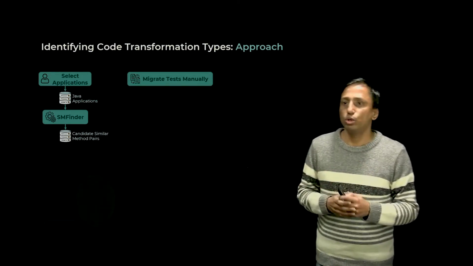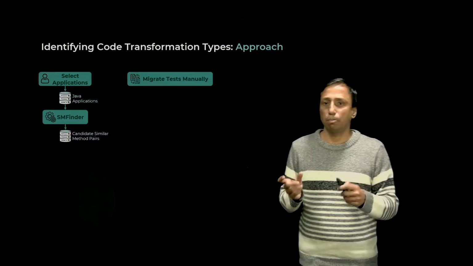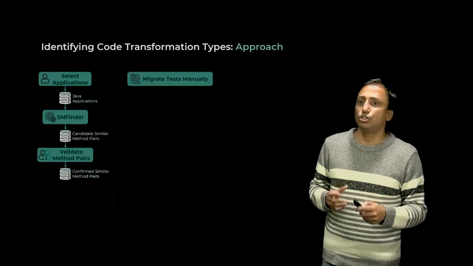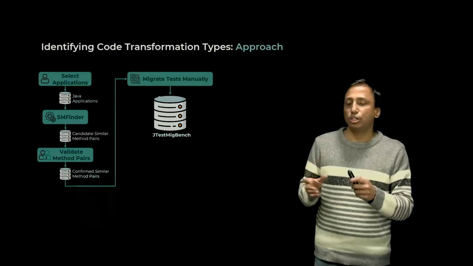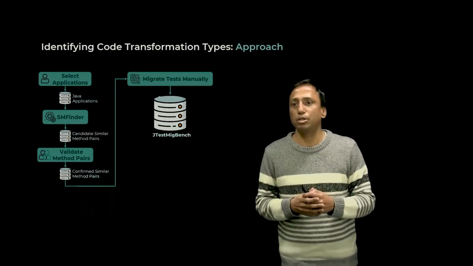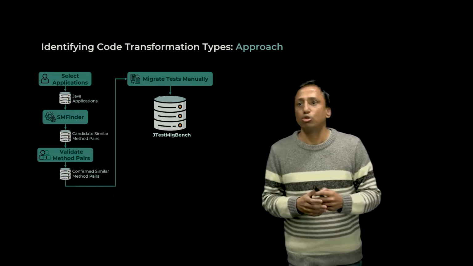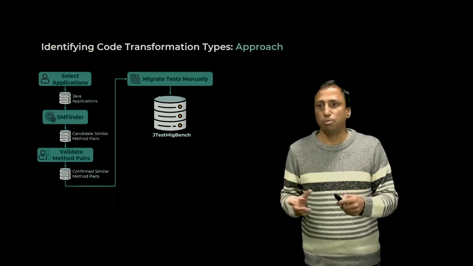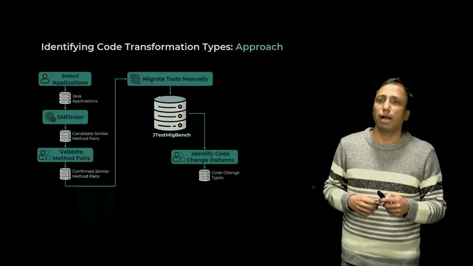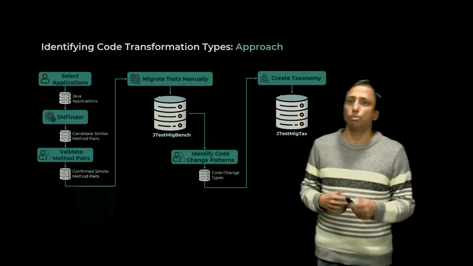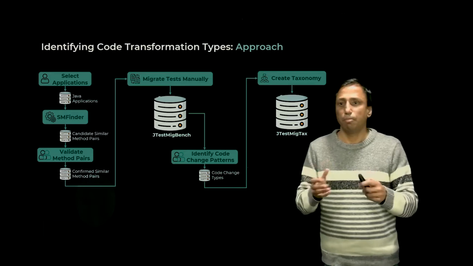Using this tool, we extracted candidate similar method pairs. Then we validated these similar method pairs, and finally, we migrated unit tests for those similar method pairs to create this benchmark. After creating this benchmark, we analyzed the migration-related code changes in these migrated tests to create a taxonomy for unit test migration.